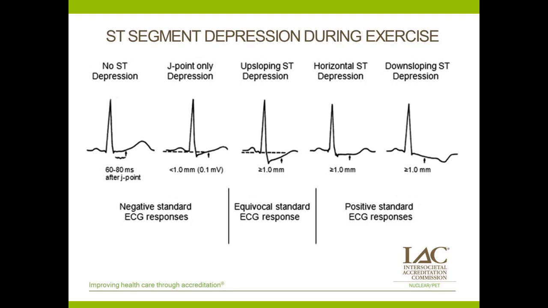QRS complex number 4 from the left represents more than 1 millimeter of flat ST depression, or horizontal ST depression, and that's a positive response. Even more diagnostic, with a higher positive predictive value, is downsloping ST depression, depicted in the right-hand most QRS complex.